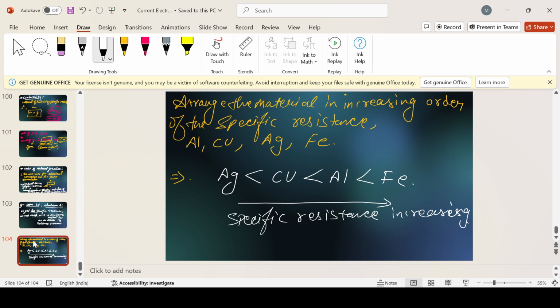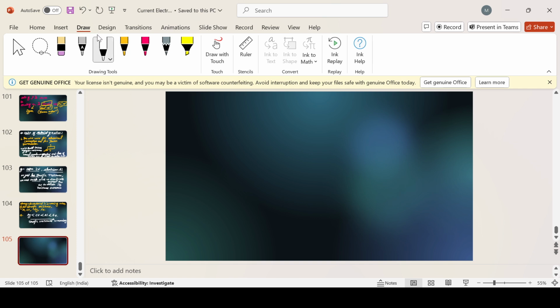Okay. Now the second one is the resistance wire. What happens with the resistance wire?